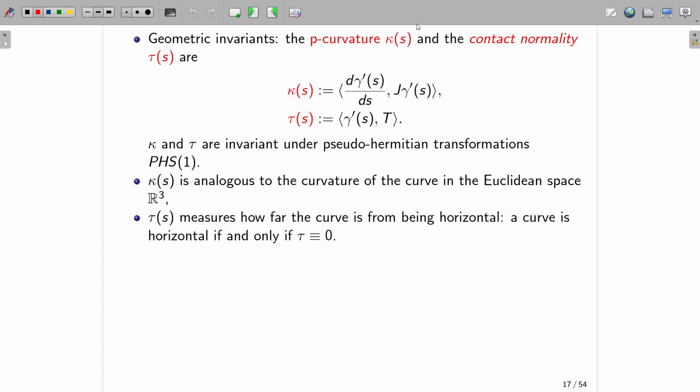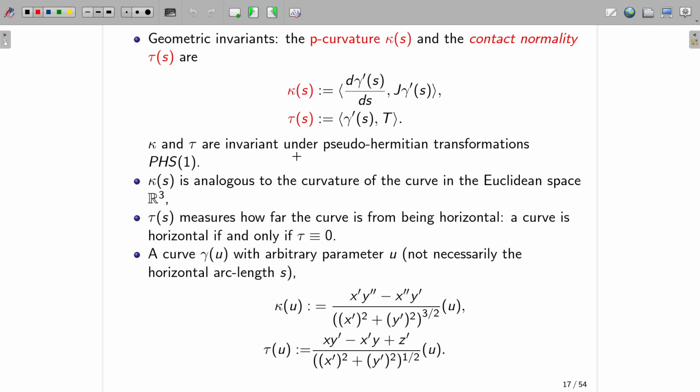A curve is horizontal if and only if tau is equal to 0. If the curve is not parametrized by arc length but by an arbitrary parameter u, then we prove that we have two formulas for the curvature and the contact normality.